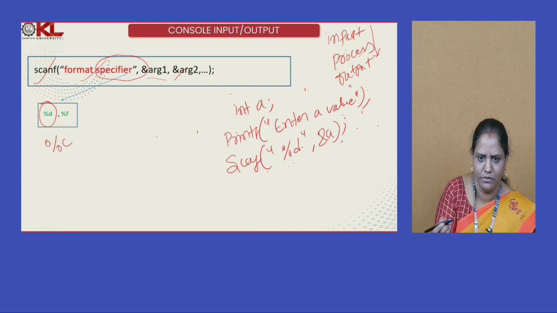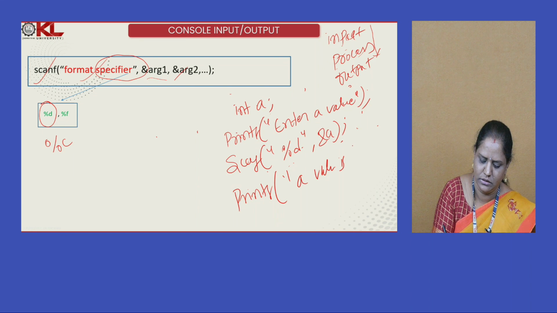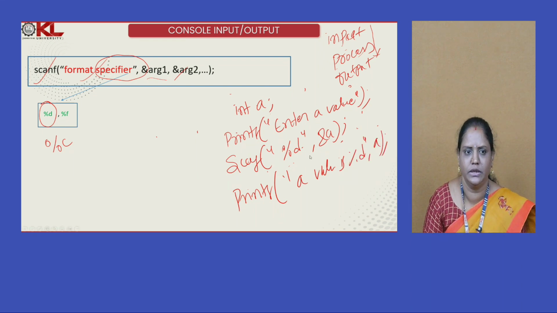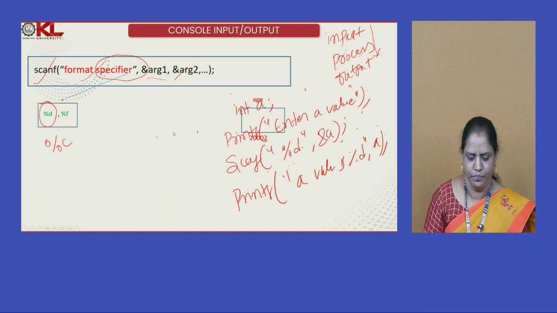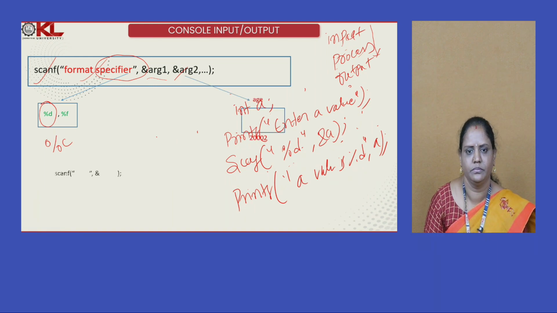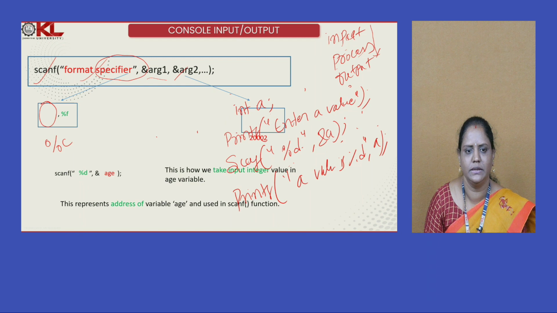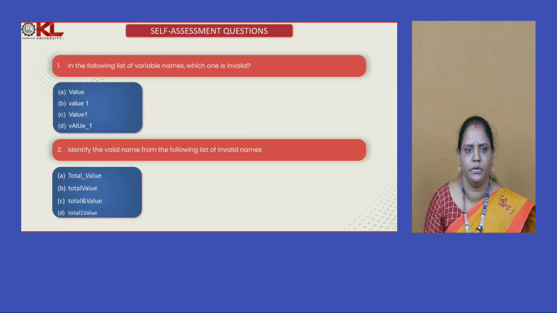Now whatever value I got, I want to print on the screen. So printf a value is %d, a. Like this we can do the input and output operations. What I explained about scanf, I kept in the slide.